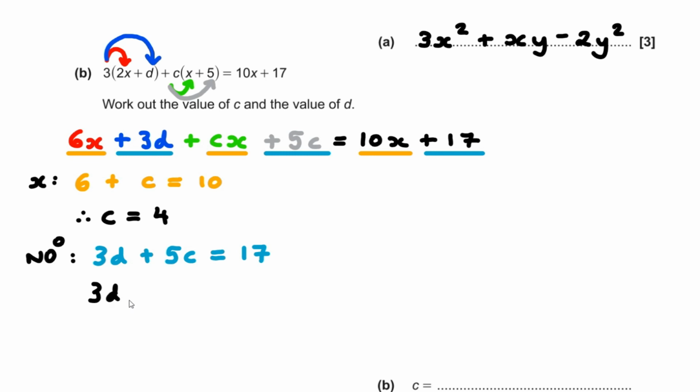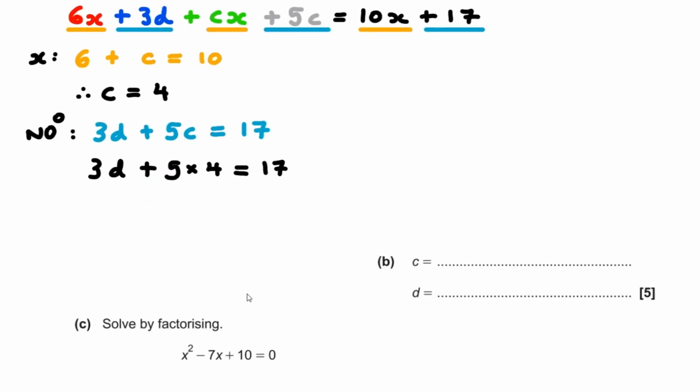So I've got 3d plus 5 times by 4 equals 17. So I've got 3d plus 20 equals 17.